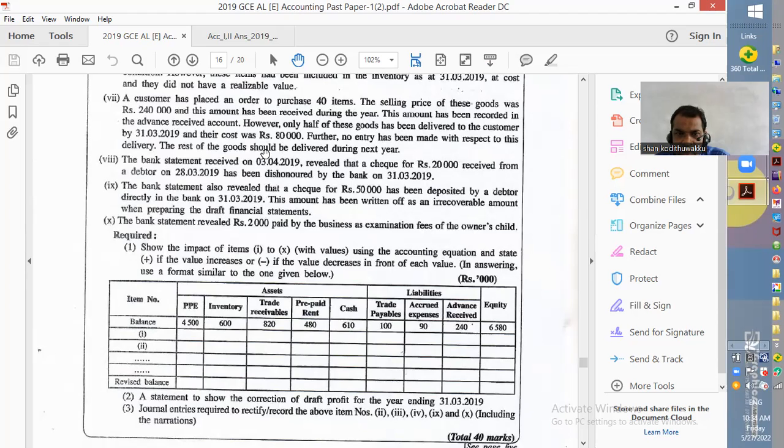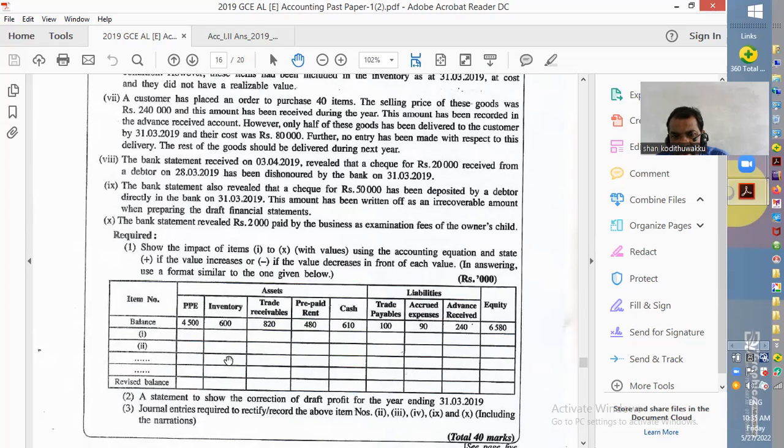Therefore, you have to understand the given sentences. No entry has been made with respect to this delivery. The rest of the goods should be delivered during the next year. Therefore, we can't set off the total advance paid, only half, that is 240 minus. Then, as they haven't sent everything, we can deduct from inventory only the cost of the goods sent, that is 80,000, minus 80 from inventory.